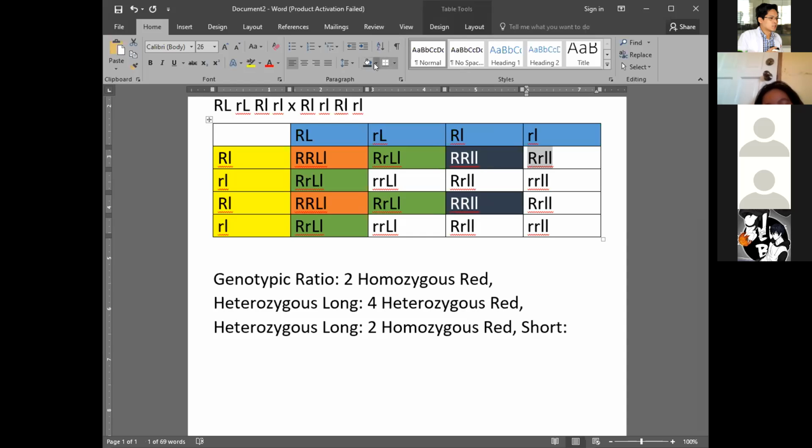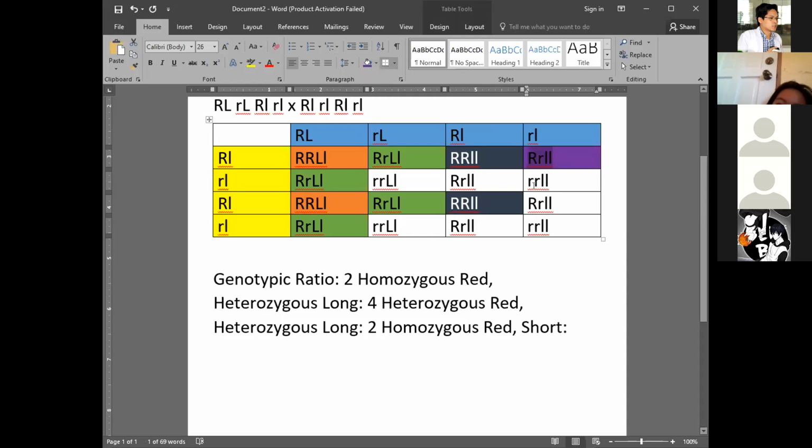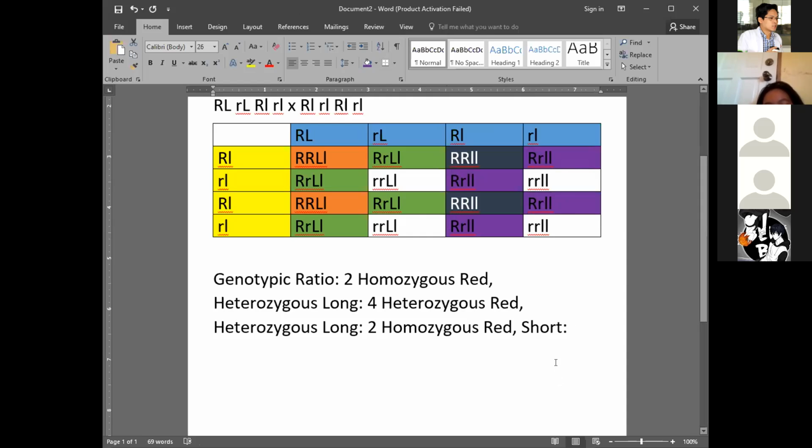How about this one? 1, 2, 3, 4. Is 2. What is that allele or genes? 4.